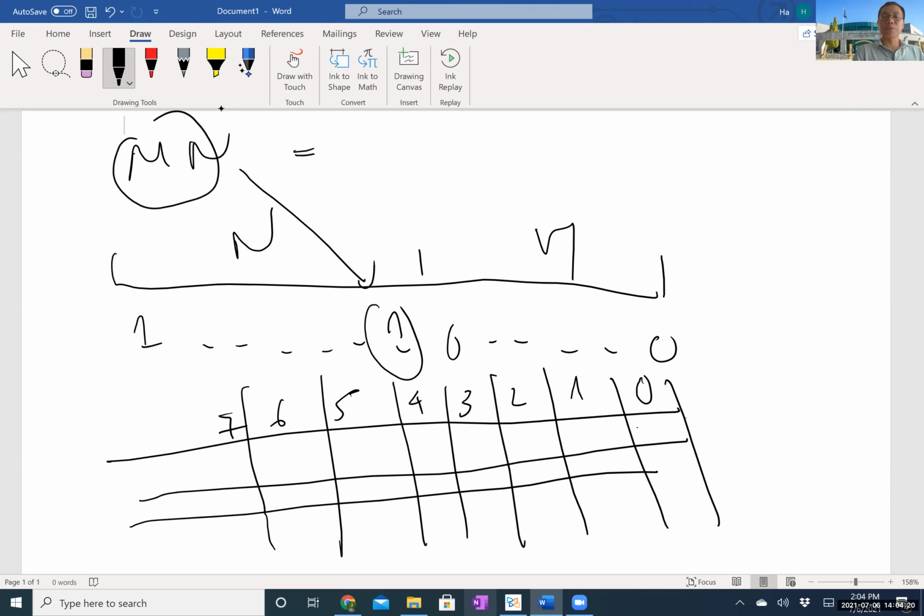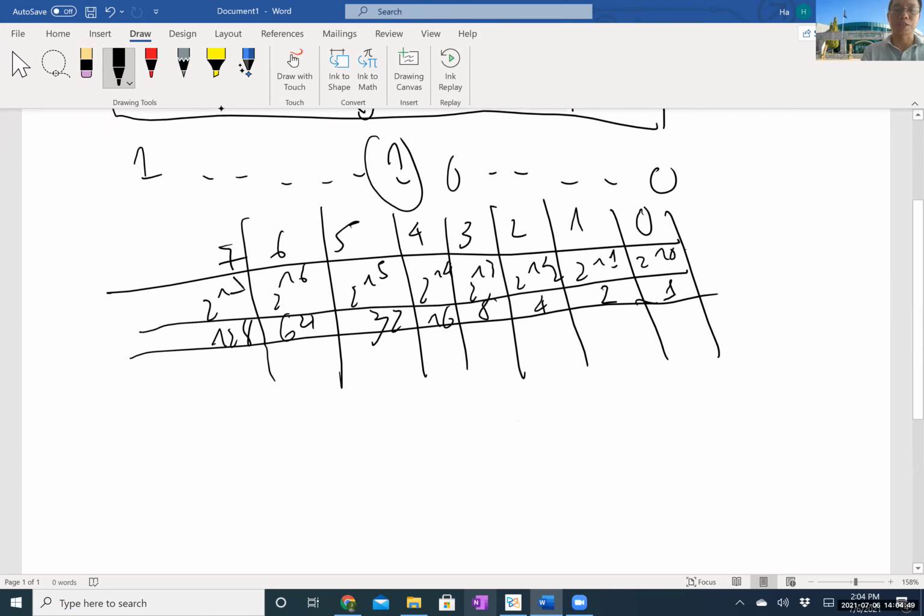You have 2 raised to 0, 2 raised to 1, 2 raised to 2, 2 raised to 3, 2 raised to 4, 2 raised to 5, 2 raised to 6, and 2 raised to 7. 2 raised to 0 is 1, then you double it: 2, 4, 8, 16, 32, 64, and 128 here, right? That's everything you have to remember about the place positions.